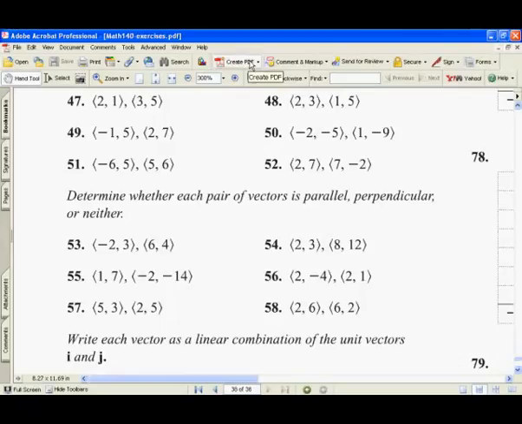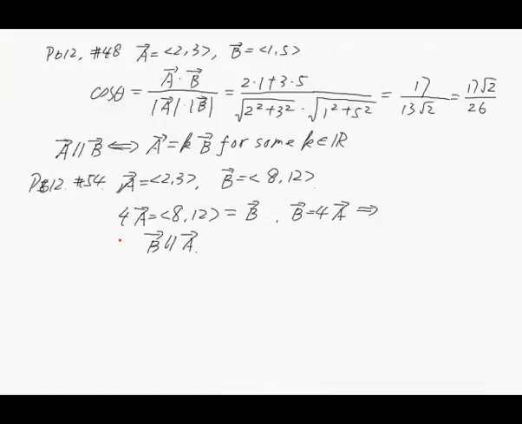Now let's look at problem 56. We have two vectors. A is (2, -4) and B is (2, 1). So definitely this time neither A nor B is a multiple of the other, right?